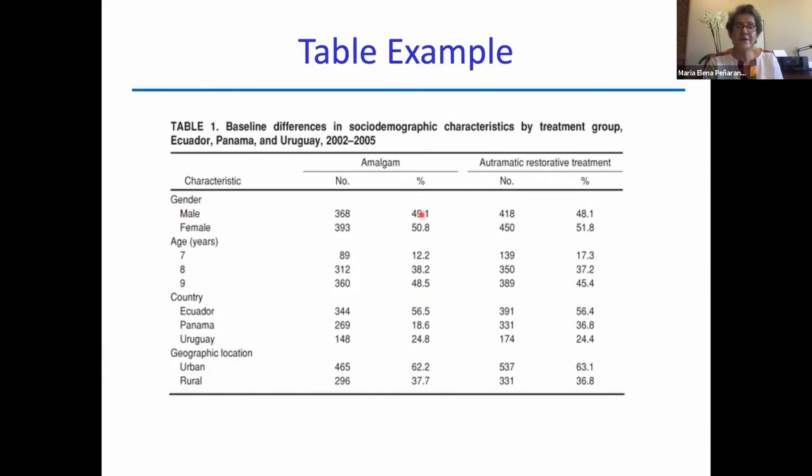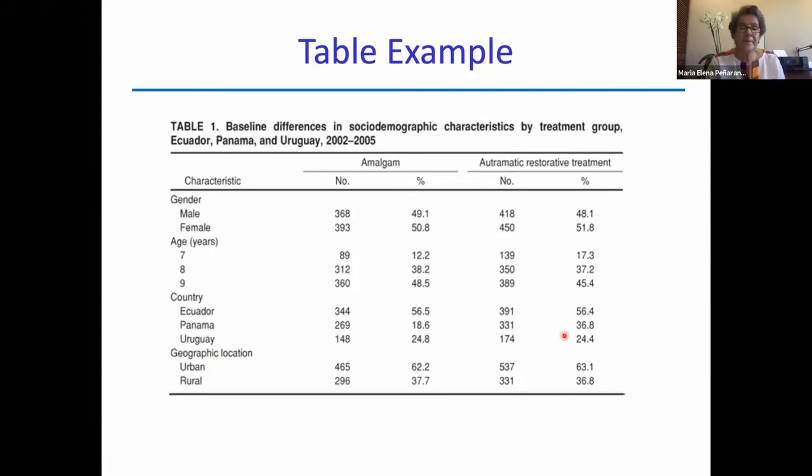When you see very little differences, sometimes you could eliminate it from the table and say there was no difference between male and female in the response to amalgam or restorative treatment, and you don't have to have it. But since you have this other data in ages and different countries, maybe it's okay to have it there. But if you have too much data, you can eliminate this and say in the text, there was no difference between males and females in the response, but there were differences by age and countries.